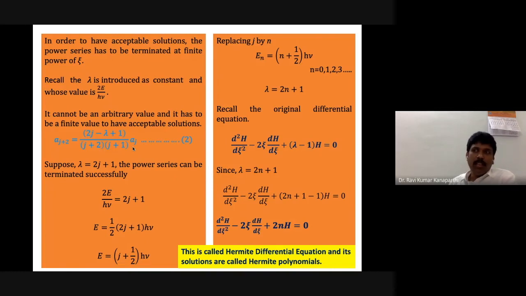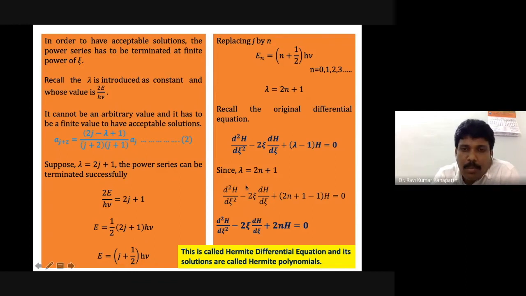Previously, we thought it could be a constant, meaning it could be anything, an arbitrary value. But now, if you want an acceptable solution, it cannot be an arbitrary value; instead it has to be a specific value. So we have precisely obtained what lambda is. That lambda value has to be substituted in the expression.